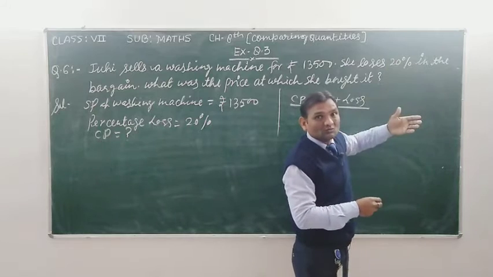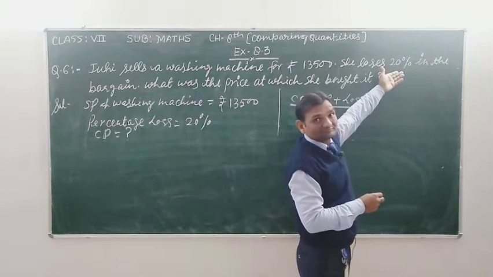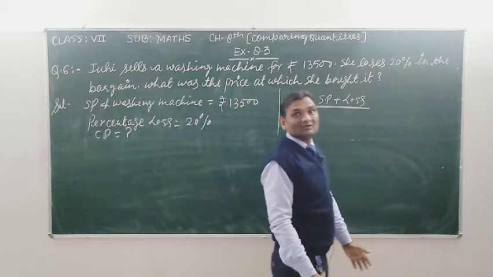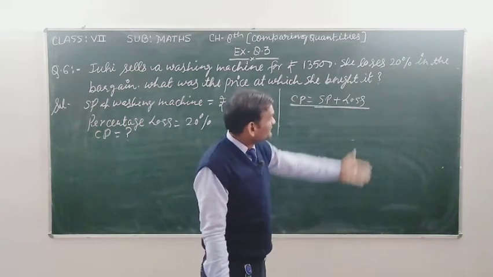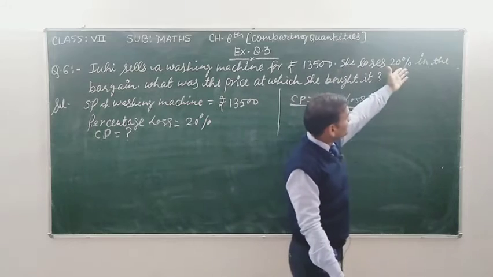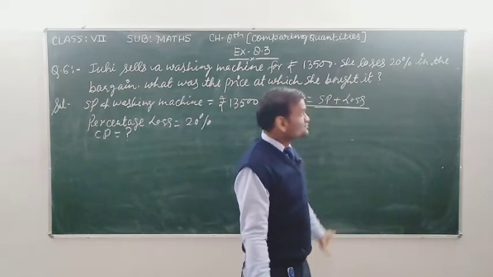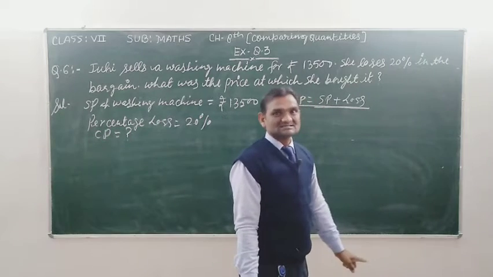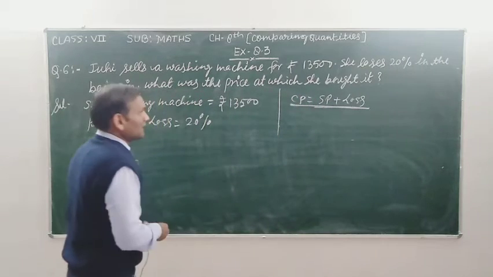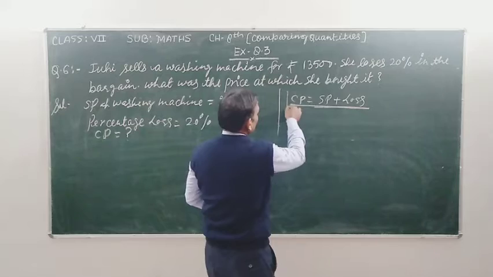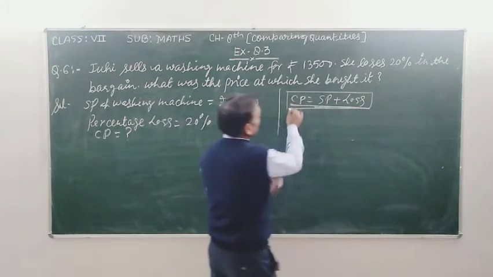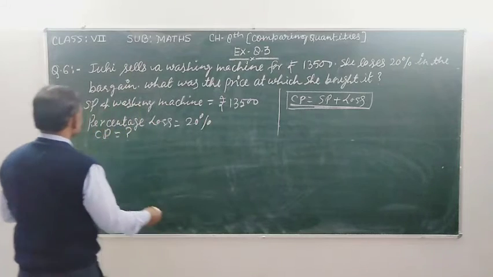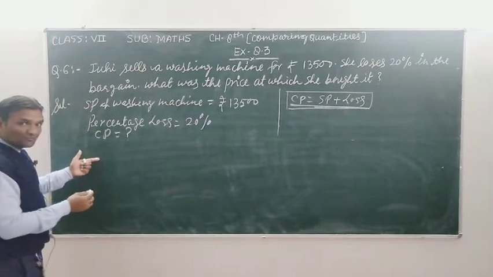If I ask you what amount she got loss, then you can't tell me. आप नहीं बता सकते हो, because loss is given in percent, not in amount. So we have to find out the amount of the loss. And after this we put all the values in this formula. The question will be solved.